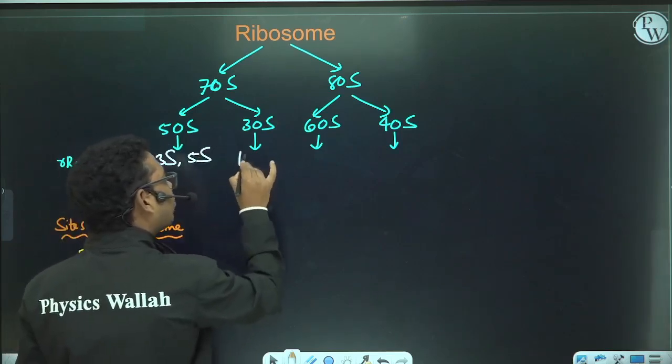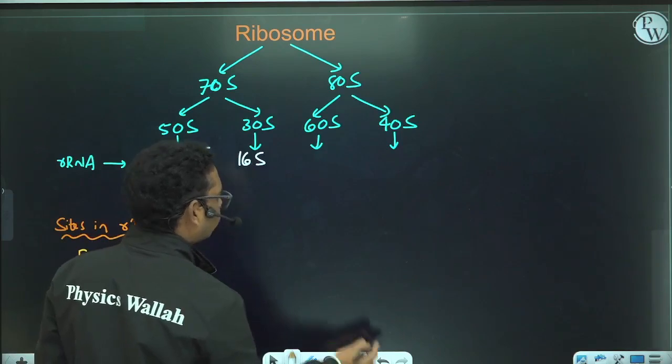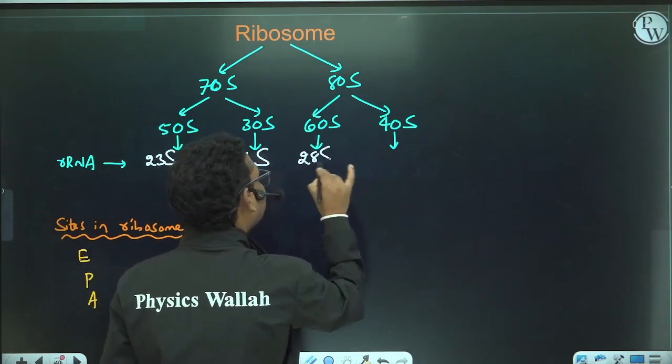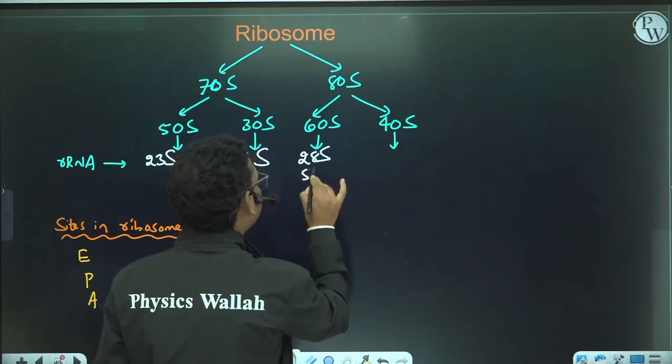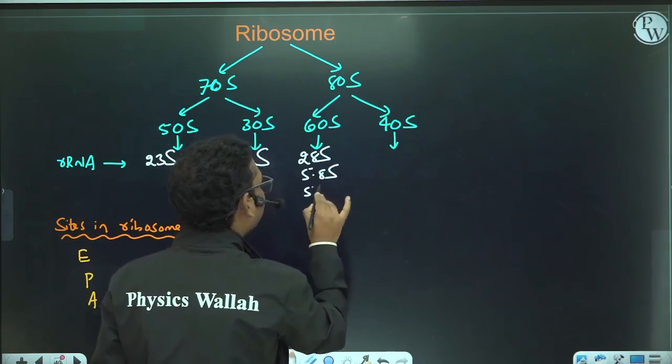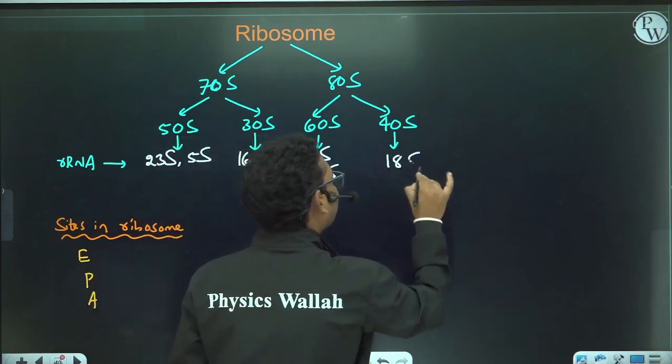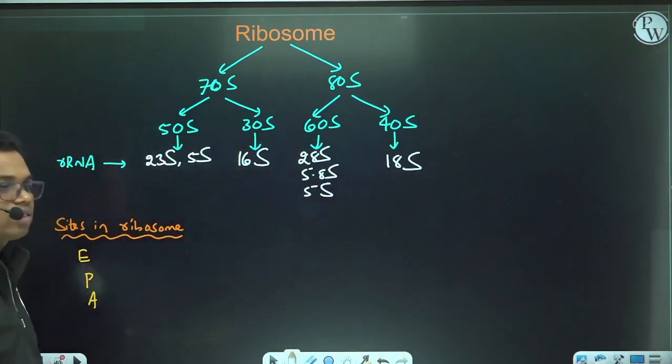In 30S, I have 16S rRNA. In 60S, I have 28S rRNA, 5.8S rRNA and 5S rRNA. In 40S, I have 18S rRNA. So these are the different RNAs.